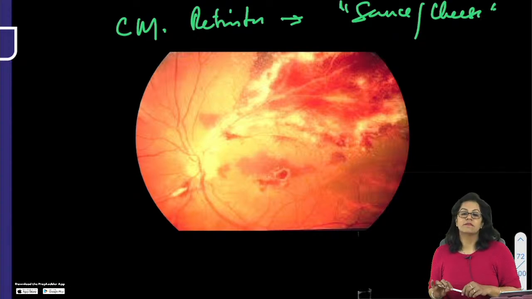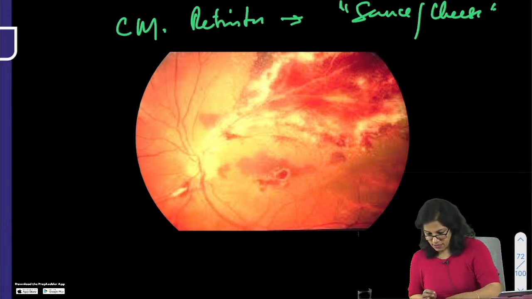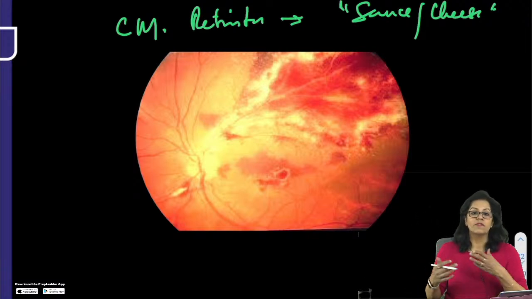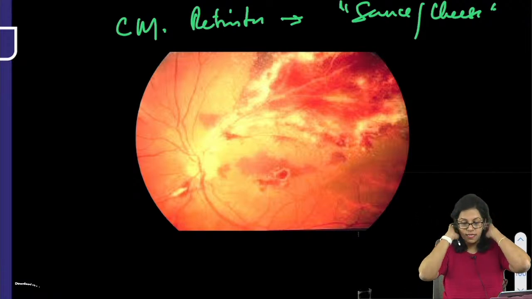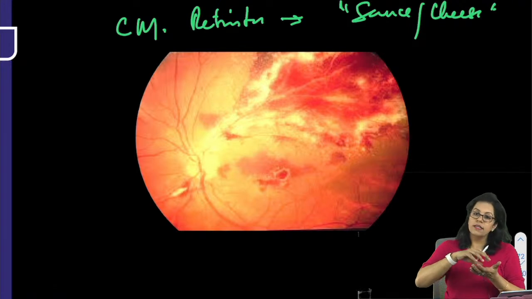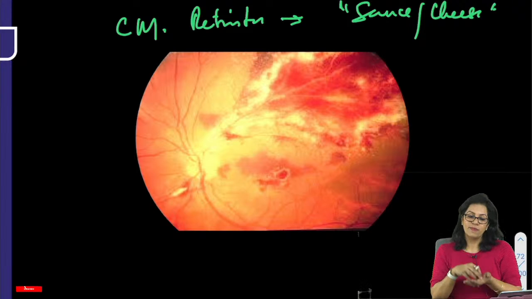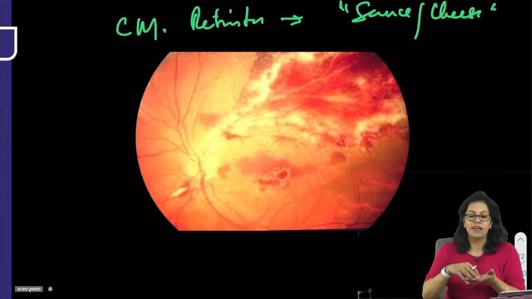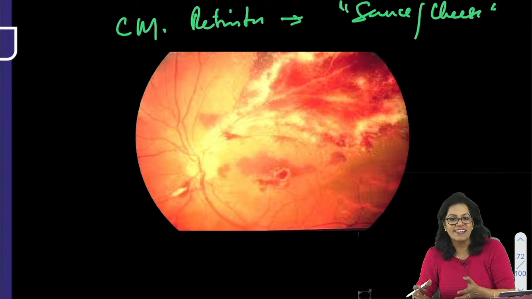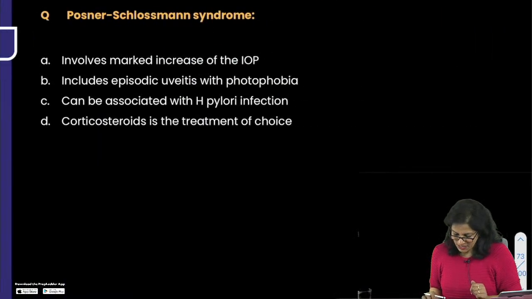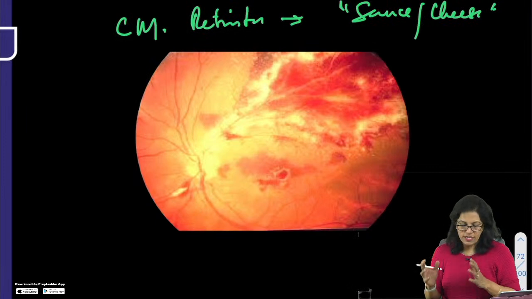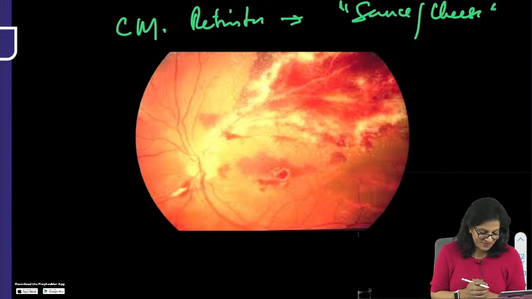In the latest edition and in detail, when you go into the findings of CMV retinitis, the mottled appearance sometimes seen in CMV infection has been specified as mozzarella pie pizza appearance. So they have particularly described that as well. Anyway, sauce and cheese retinopathy or whatever pizza, whatever you want to learn.